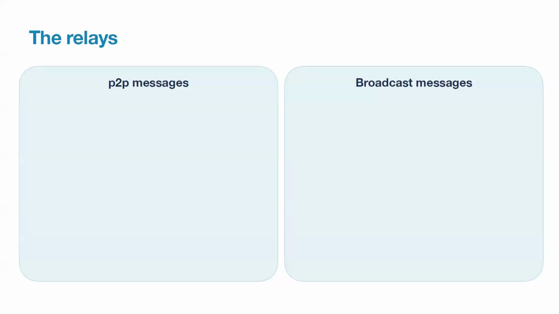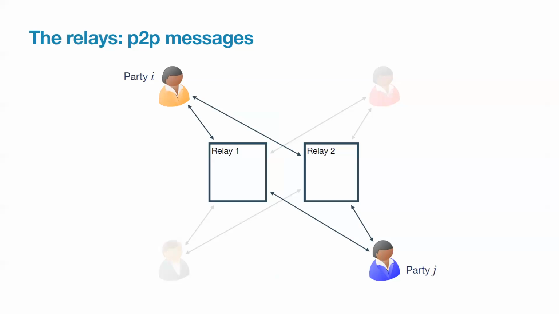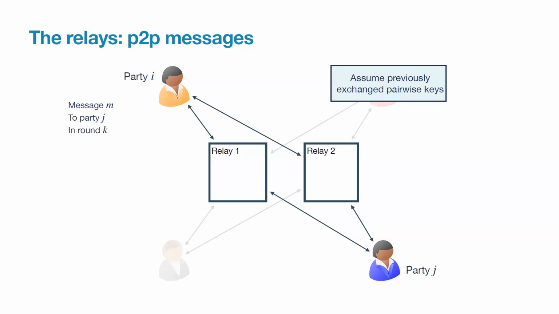So the next building block is the relays. And we can send two types of messages using relays. We can send point-to-point messages and broadcast messages. So I'll start with the point-to-point messages. And here I will assume that there has been some key agreement and parties have pairwise secret keys, but in the paper we discuss how to do this. So if party I wants to send a message to party J for round K, then this party will just use the exchanged keys to encrypt the message, and then send the same ciphertext to both relays.